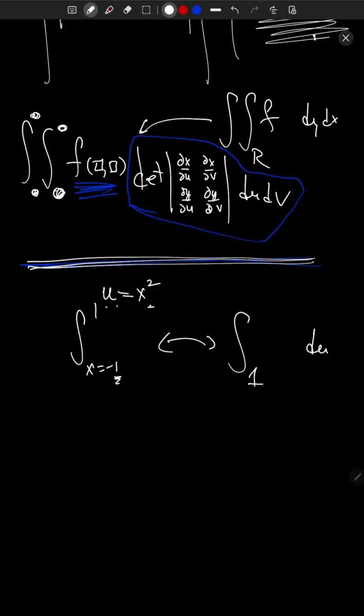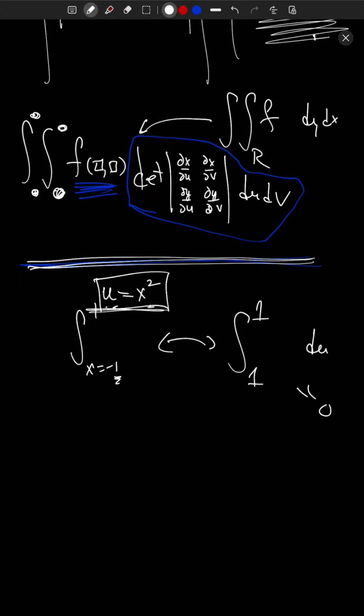And when x is equal to 1, u is equal to 1. So it looks like you're integrating from 1 to 1, which is always just going to be 0, right? So what was the problem there? The problem was that u equals x squared is not a one-to-one mapping, right? So there are going to be multiple x's corresponding to the same u.